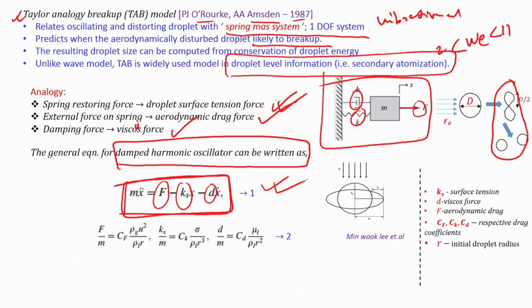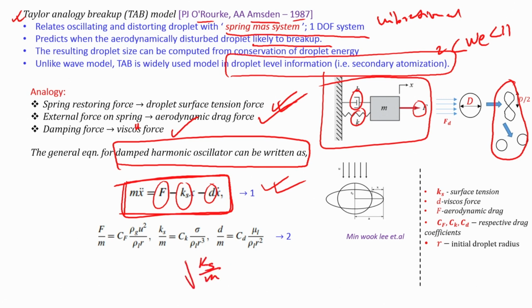Now, if you write it in this particular form, the individual terms will be like this. If you look at it carefully, what is Ks by m?